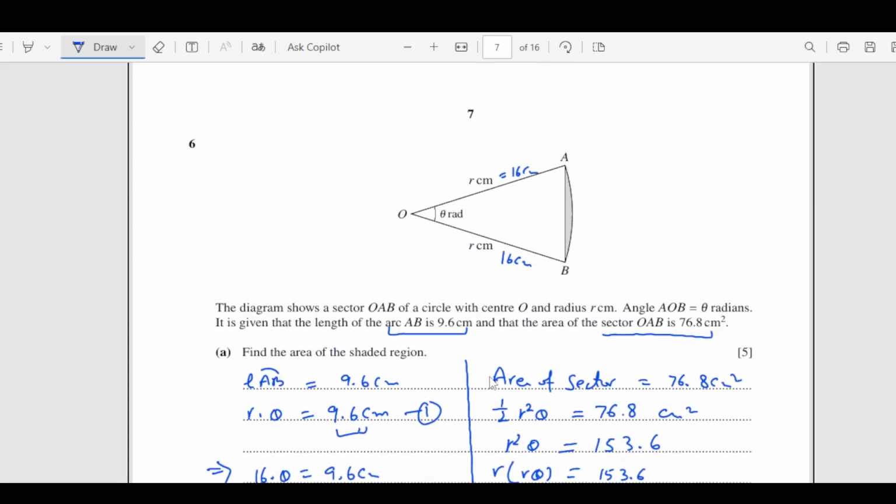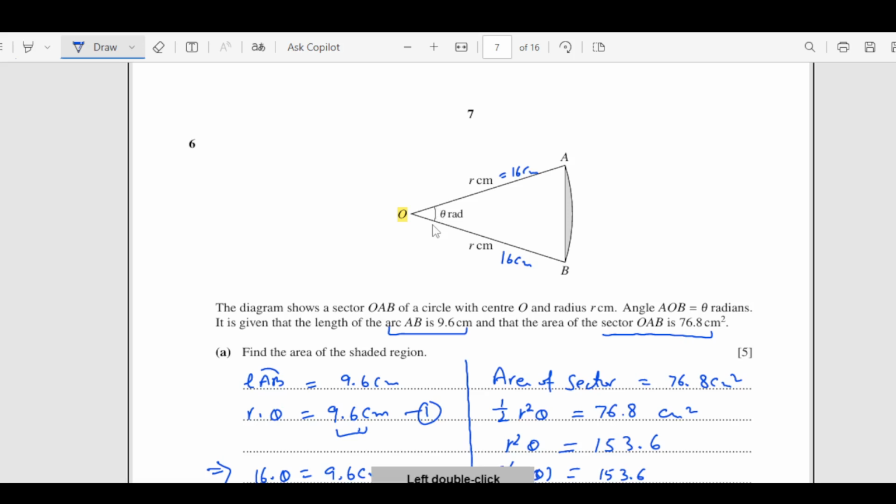From here we are looking for this one here. So we are looking for this shaded part. So from here we have this triangle, this is the sector minus area of this triangle.